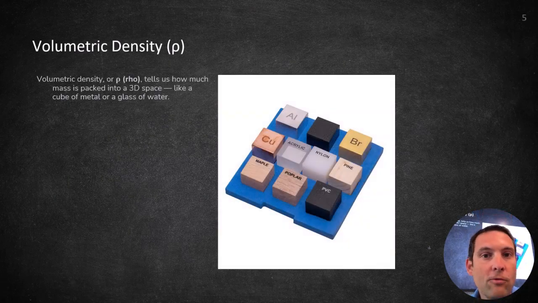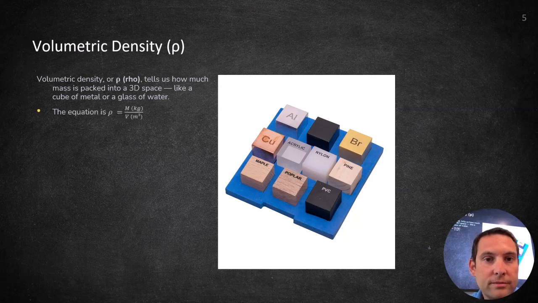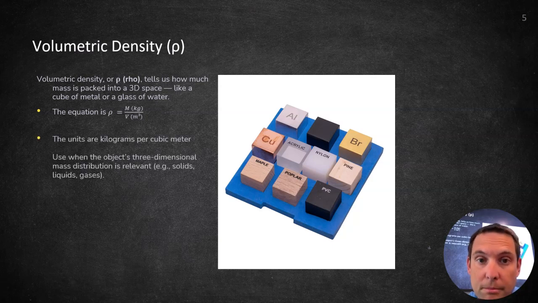Volumetric density, or rho, the Greek letter rho, tells us how much mass is packed into a 3D space like a cube of metal or a glass of water. Our equation is rho equals m over v, m being mass, v being volume. The units are kilograms per cubic meter, because the units for volume are cubic meters.